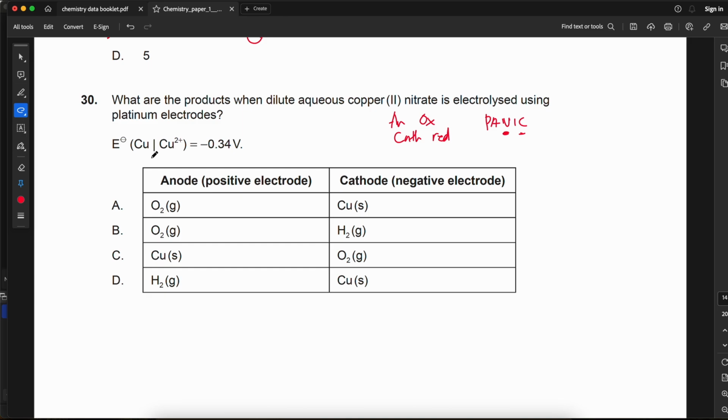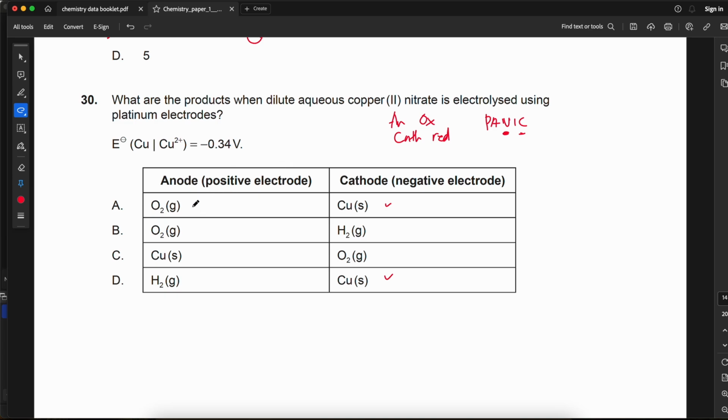So Cu will be produced there, so between A and D. And now at the anode, as it is a platinum electrode, oxygen will be produced, because the potential that is given is -0.34 volt. So the copper electrode will not be oxidized. Instead, oxygen will be evolved at the anode.